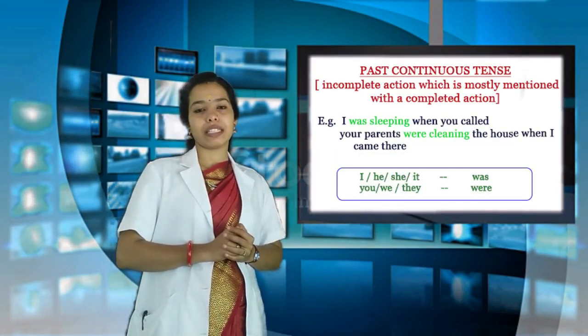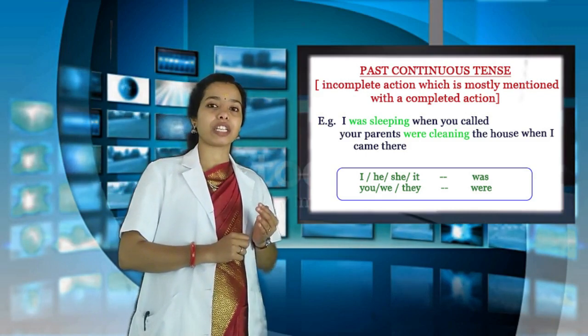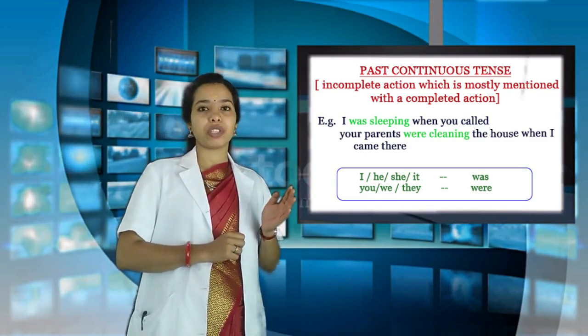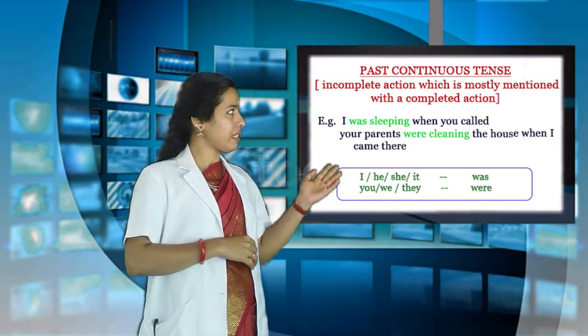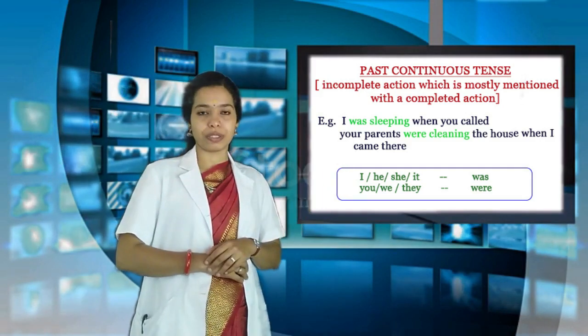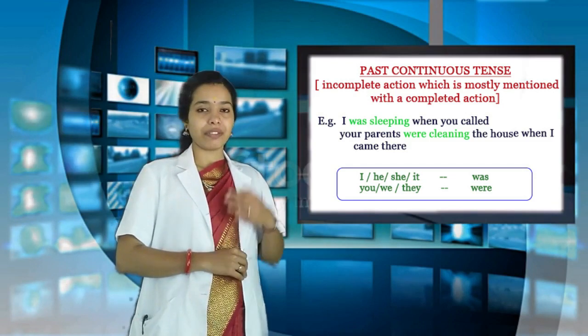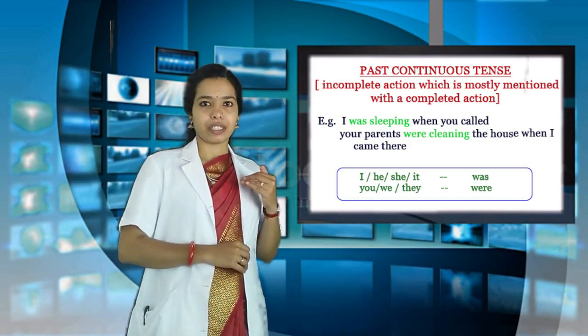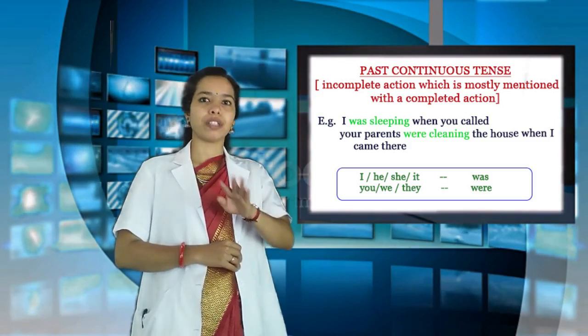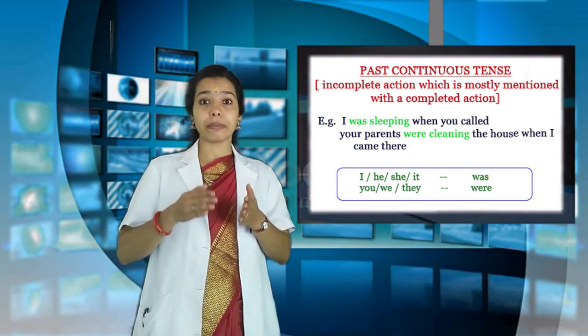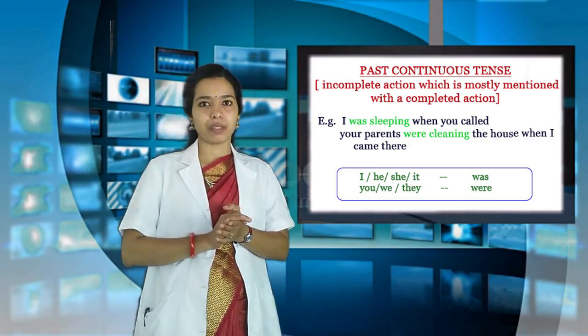Now let's discuss past continuous tense. Past continuous tense denotes an incomplete action which is mostly mentioned with a completed action. For example, I was sleeping when you called. So I was sleeping is an incomplete action. I was doing that, but before I completed it, what happened? You called. Another completed action happened. Okay.